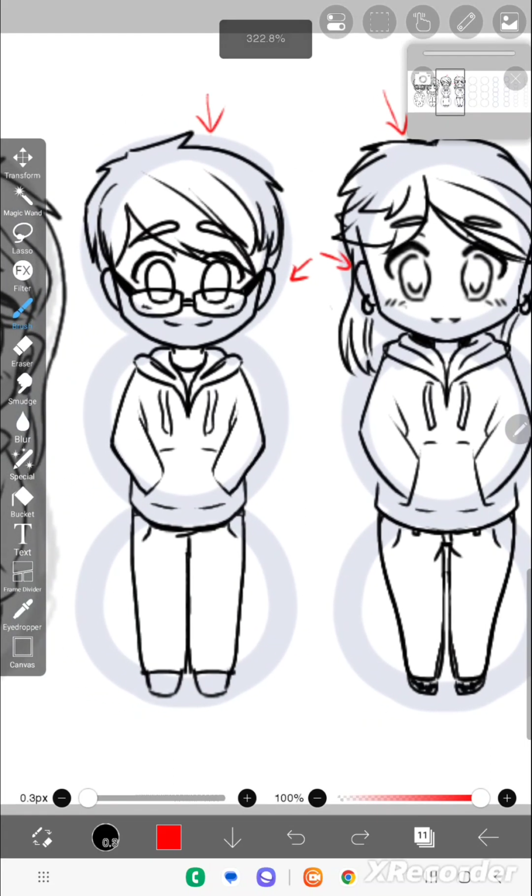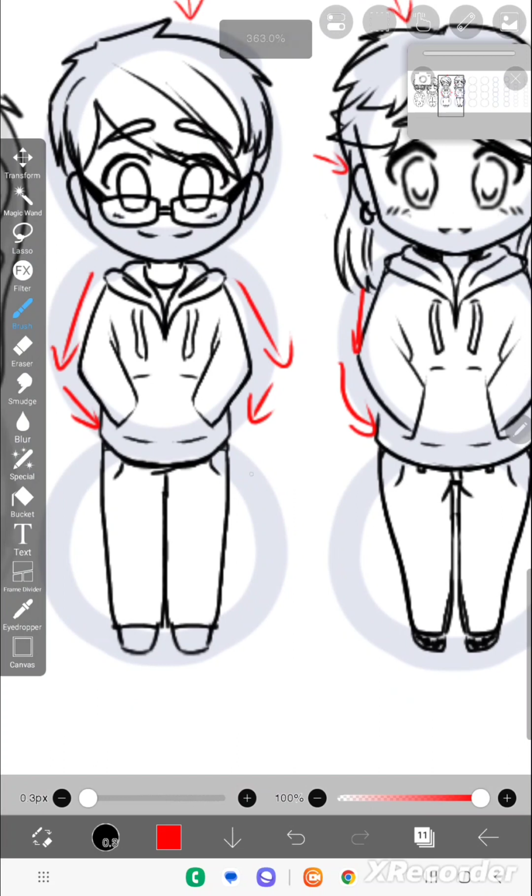And then again, just like I was talking about with the curves versus the straights, right here we've got a straight line versus hers, and then a straight line versus hers, which was a straight line, and then we have a curve. And then we've got straight lines for the pants. And for hers, we have a curve, and then another curve.